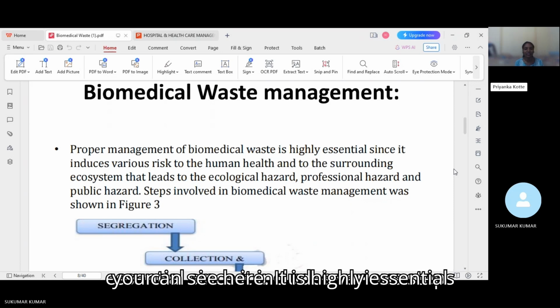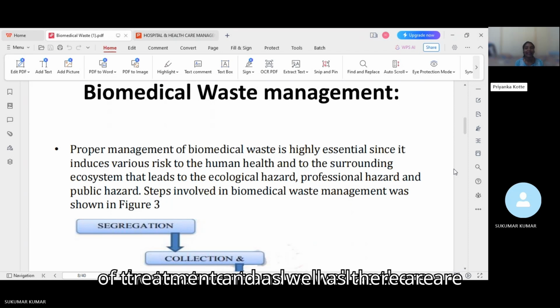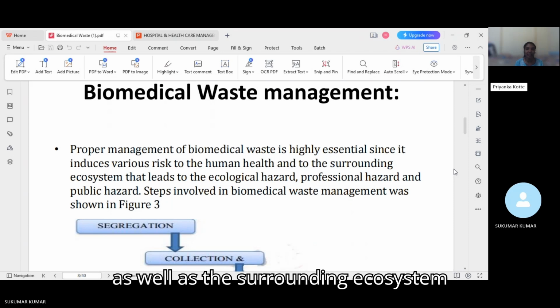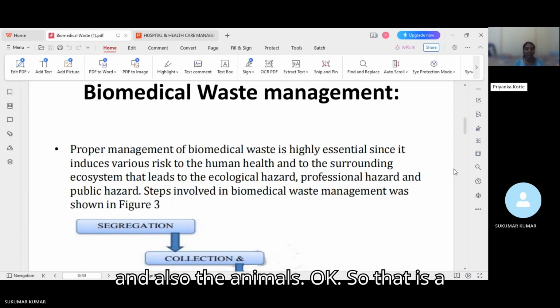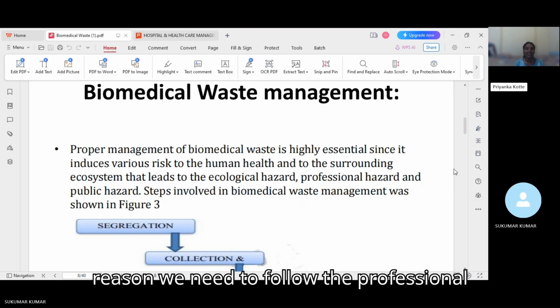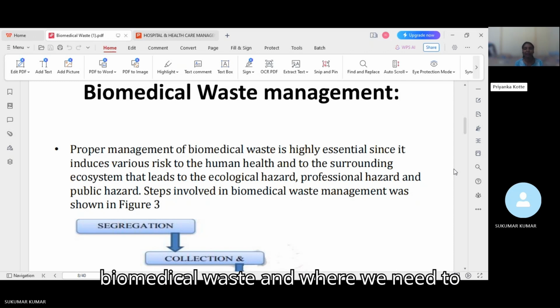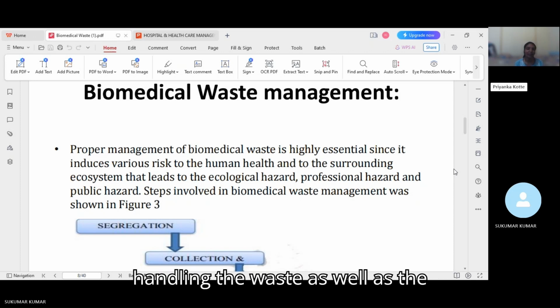It is highly essential since it includes various steps of the treatment, and as well as there are various risks it causes to human health as well as the surrounding ecosystem, which includes the plants, environment, and also the animals. So that is the reason we need to follow professional etiquette in order to treat the biomedical waste, and we need to avoid the hazard to the people who are handling the waste as well as the environment.